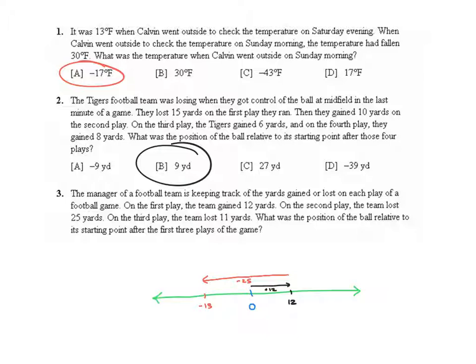On the third play, we lost even more, another 11 yards. So going back again, another 11 yards. So negative 13 and then another 11 lost ends up at negative 24. So the position of the ball relative to the starting point would be negative 24 yards.